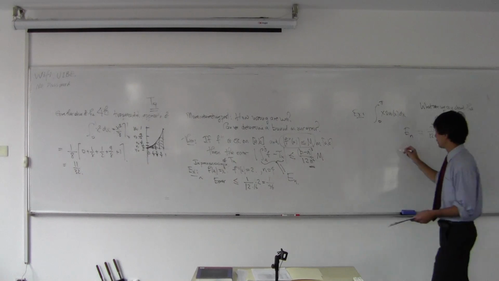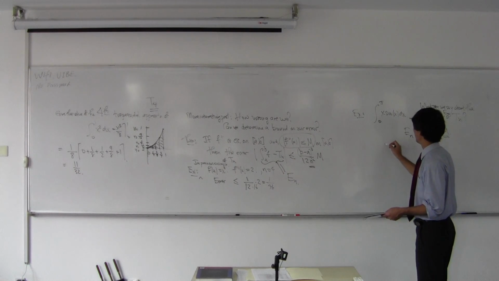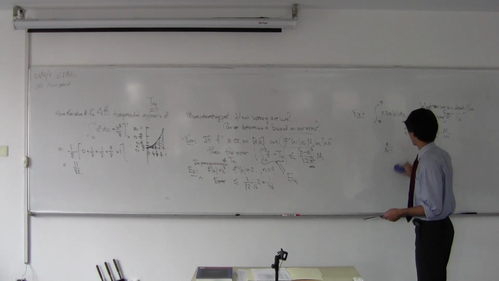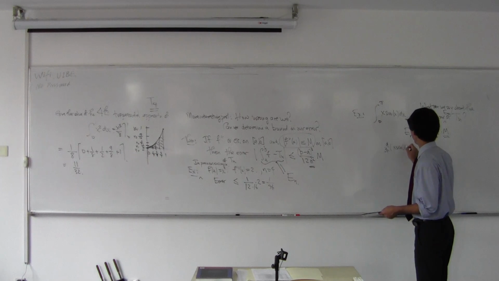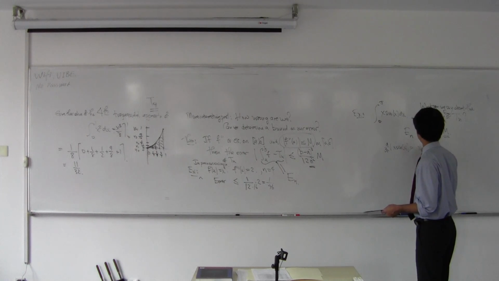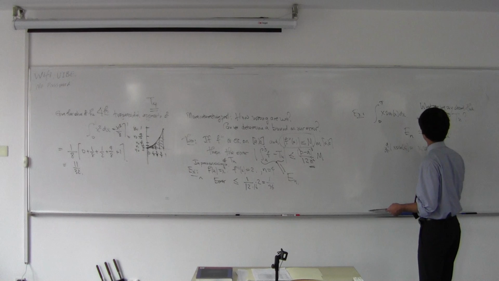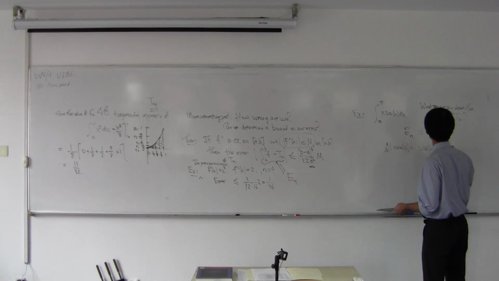Well, we need to do the second derivative. If we take the first derivative, you get the first times the derivative of the second plus the derivative of the first times the second.